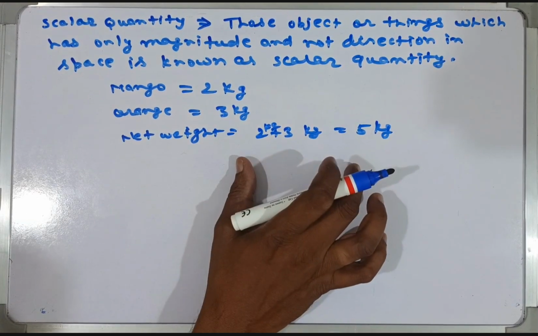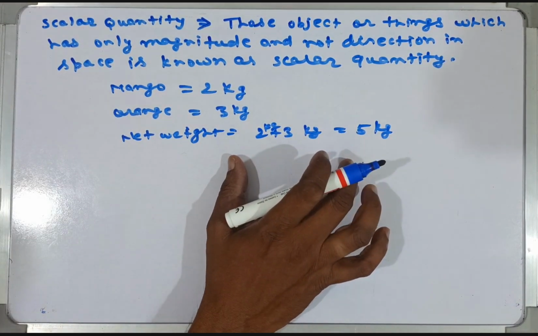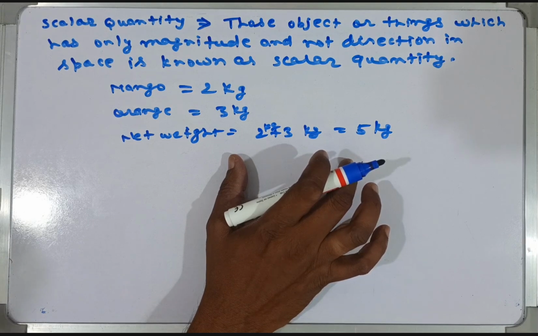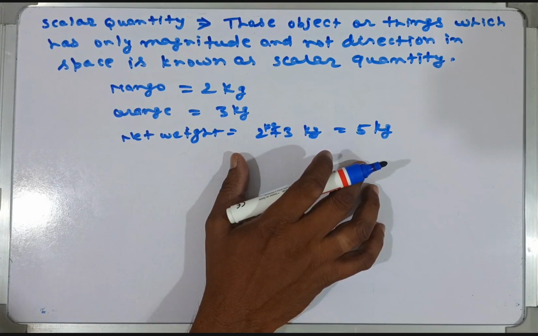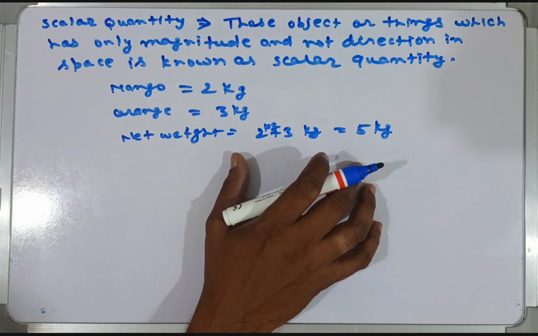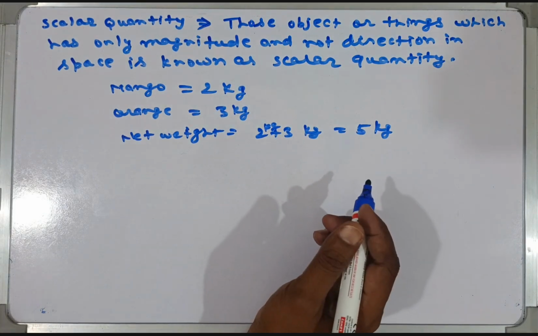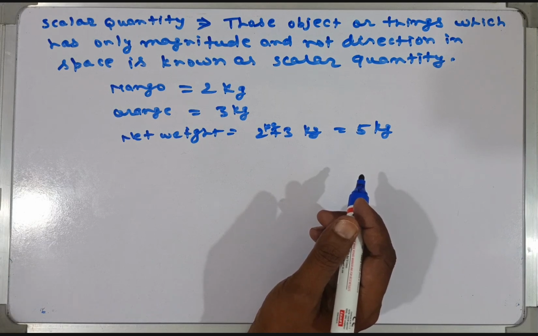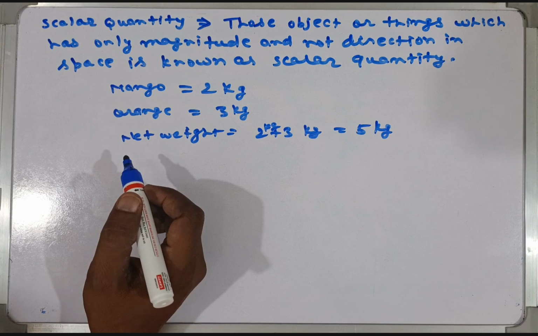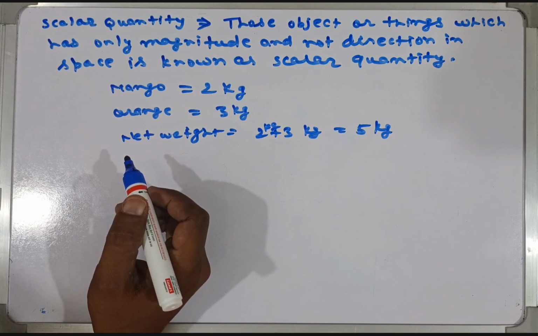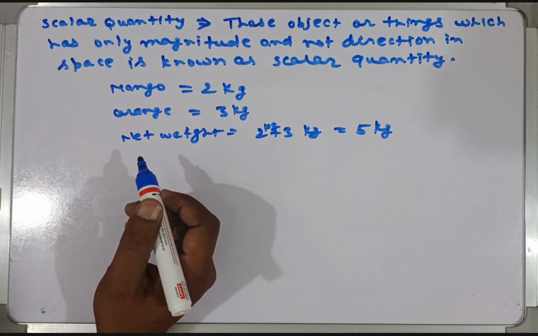So we can add the magnitude of a scalar quantity by a simple addition, or you can also subtract in simple subtraction, but this will not happen in case of a vector quantity.